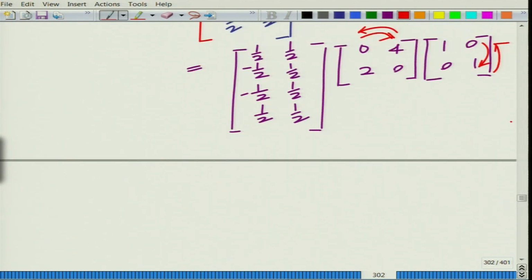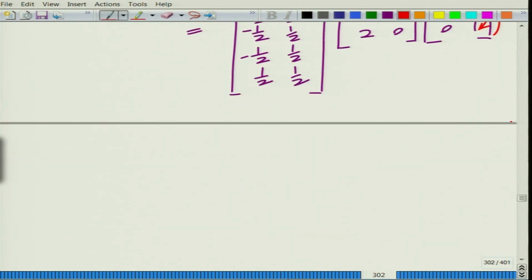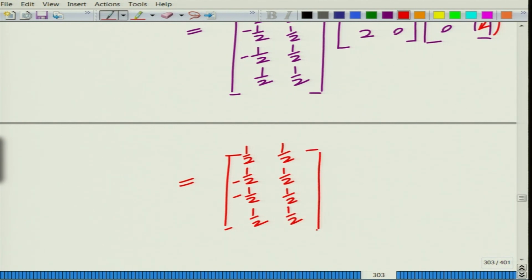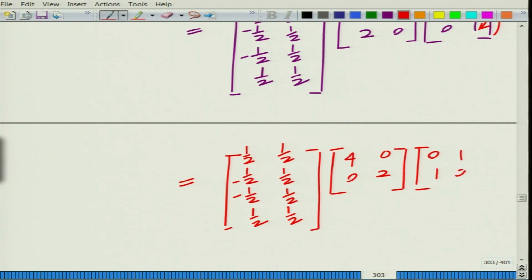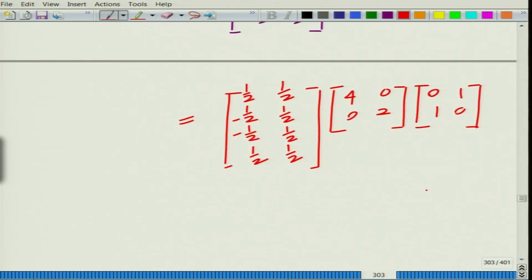So, this is going to become half, half, half, minus half, half, half, half, half, half, switch the columns, this becomes 4, 0, 0, 2, and switch the rows, this becomes 0, 1, 1, 0, and now you can see this is a valid singular value decomposition.